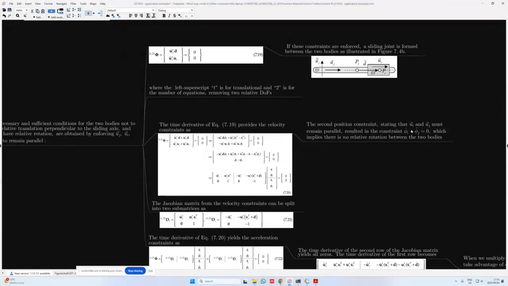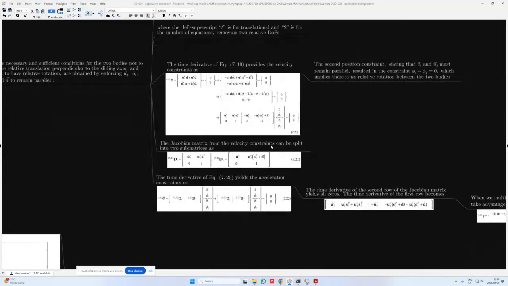The second position constraint, stating that UI and UJ must remain parallel, resulted in the constraint phi.i minus phi.j is equal to 0, which implies there is no relative rotation between the two bodies. The Jacobian matrix from the velocity constraints can then be split into two submatrices, as shown in equation 721.